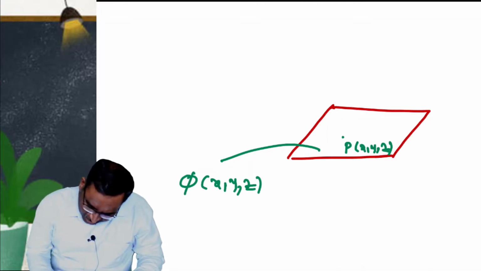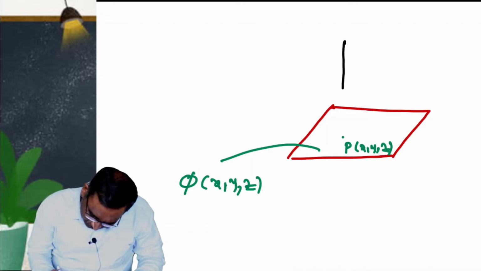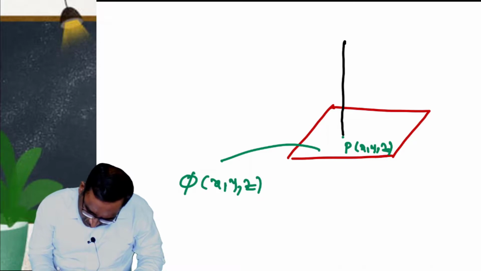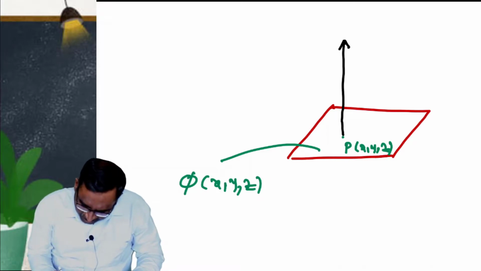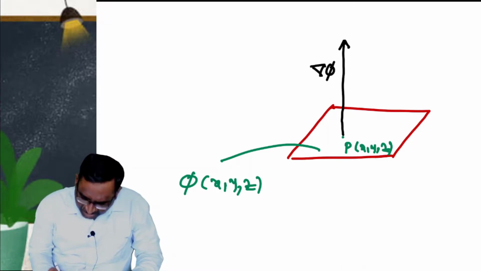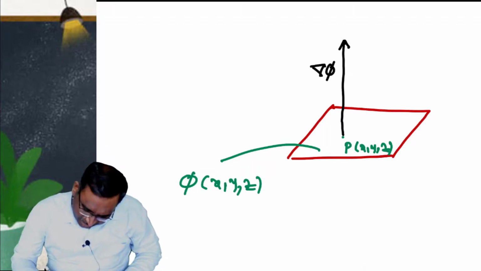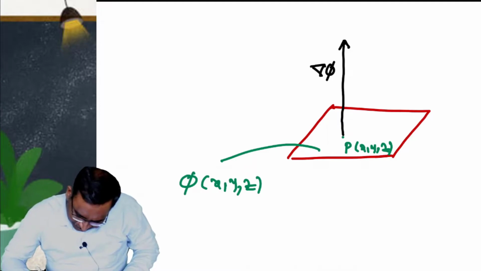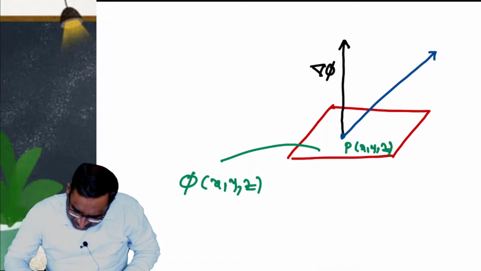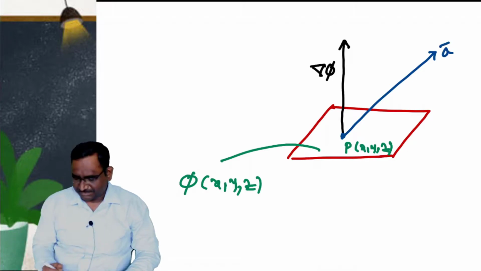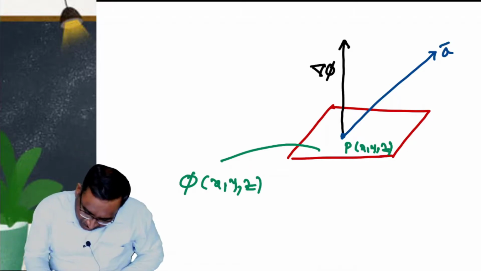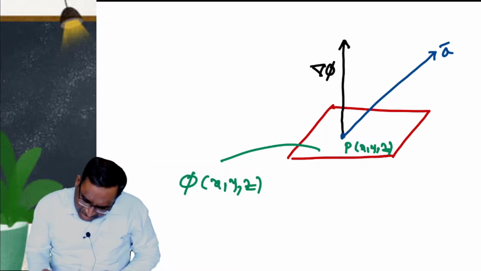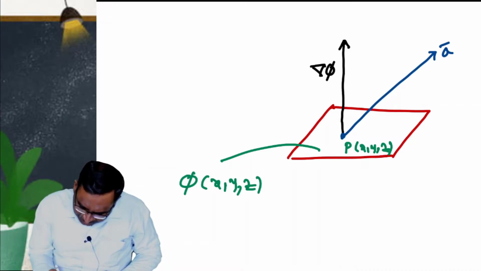Already you know this is my normal vector at this point, denoted by del phi. This is another vector A bar, and this is the angle theta.